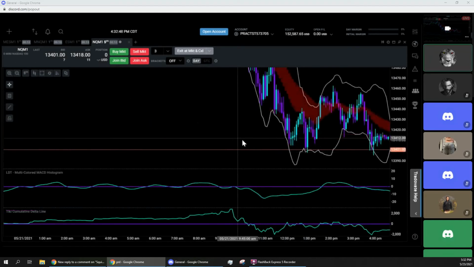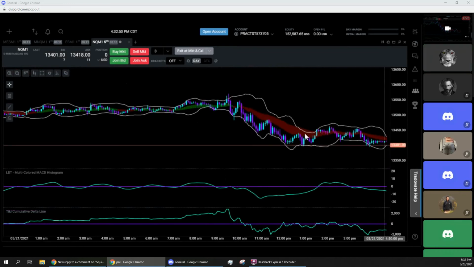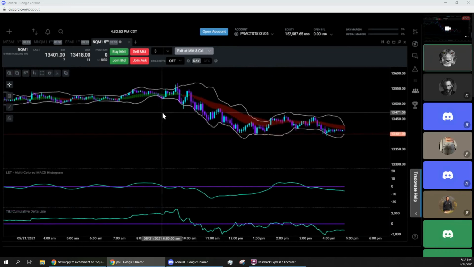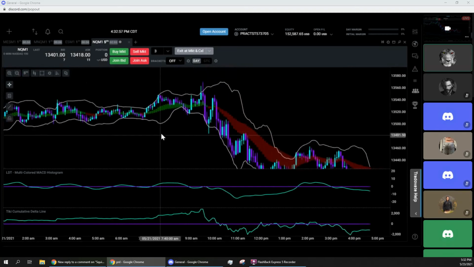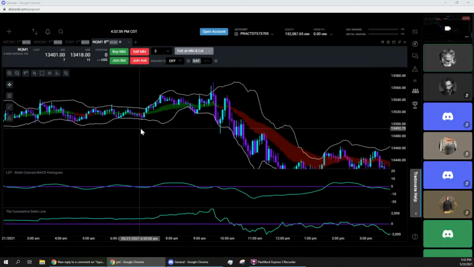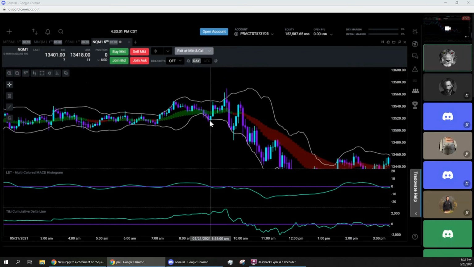So like Friday, for instance, you only had one opportunity. So perfect example right here. I took this long right here on the NQ. You see, we had a red to green move, right? And here was the level, right?